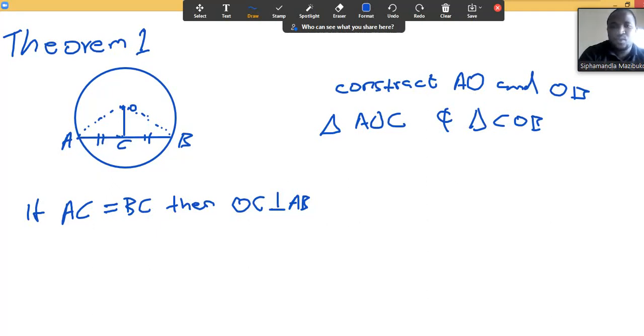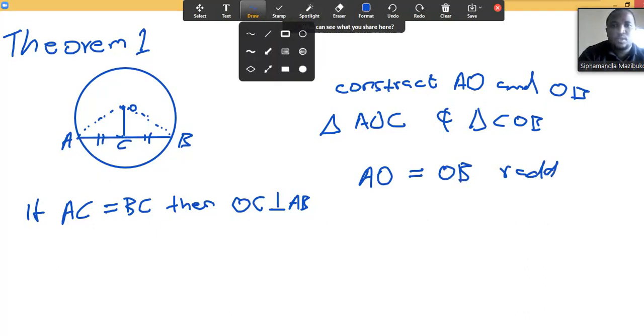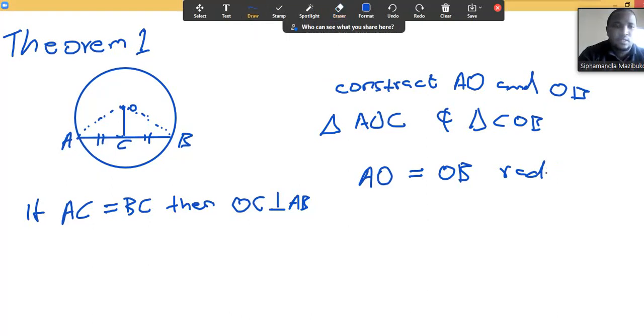We can say AO is equal to OB. The reason will be radius.